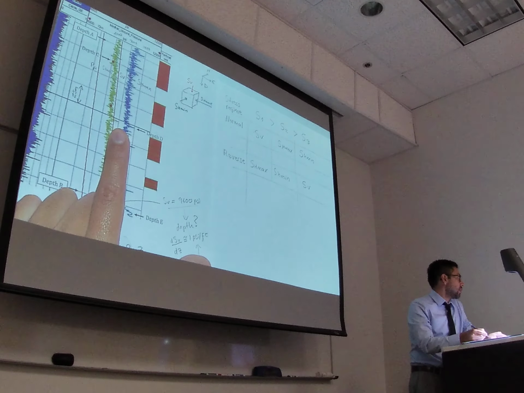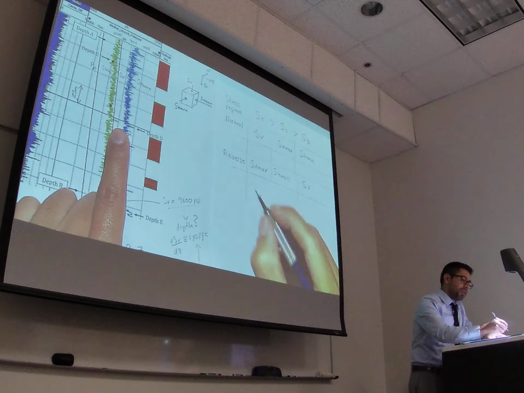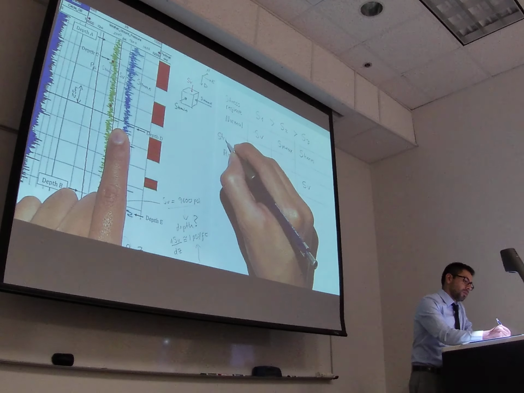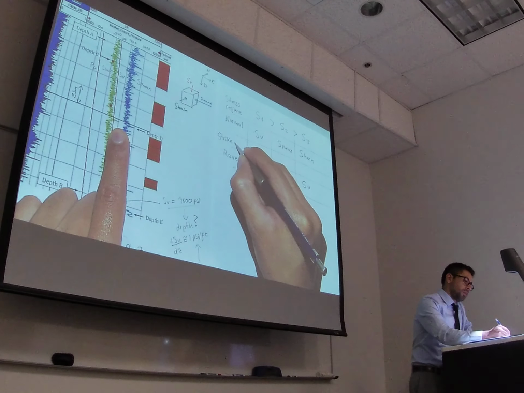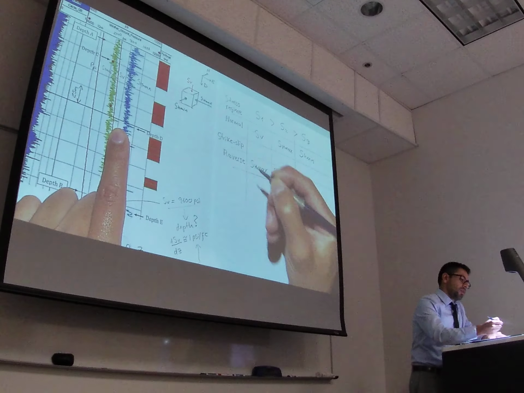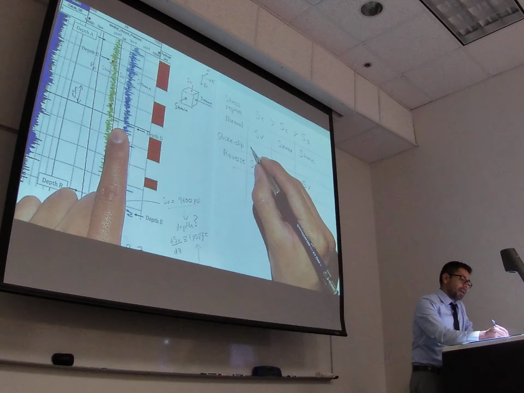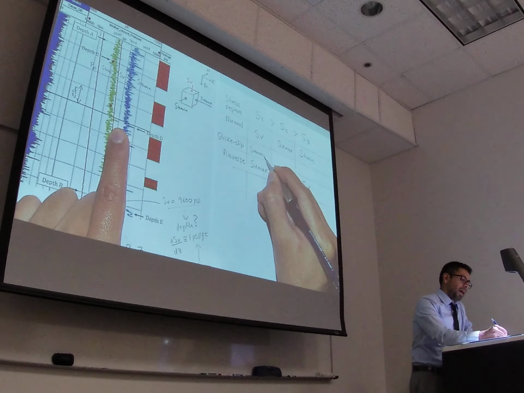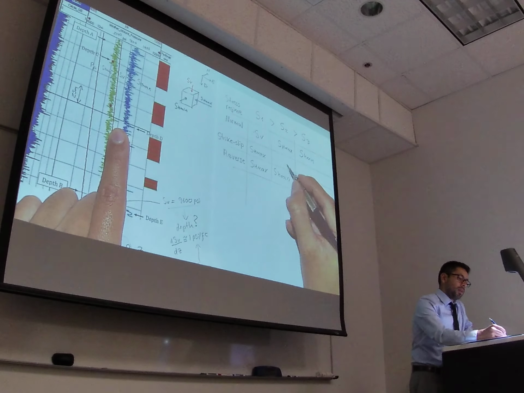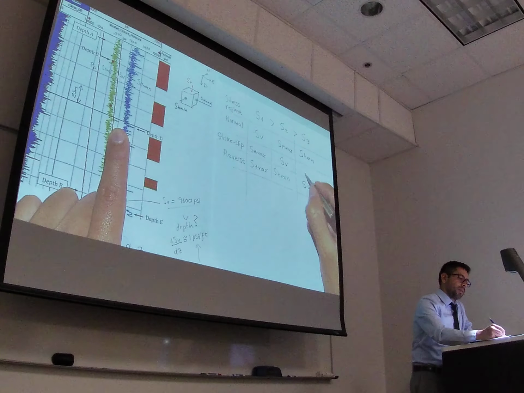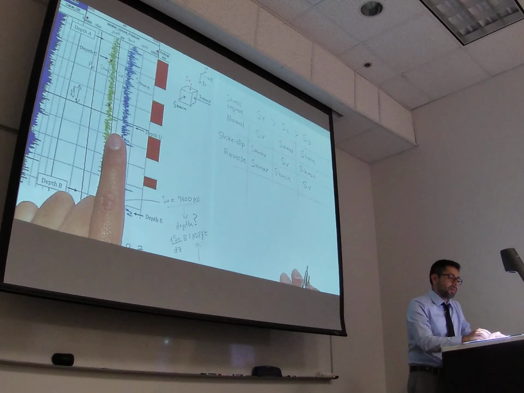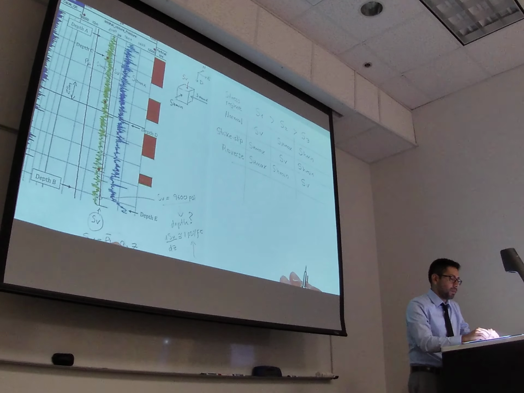And that's the case like that one. And there's going to be a third one, which is called strike slip. And in that case, the maximum is horizontal, the intermediate is vertical, and the minimum principal stress is horizontal.